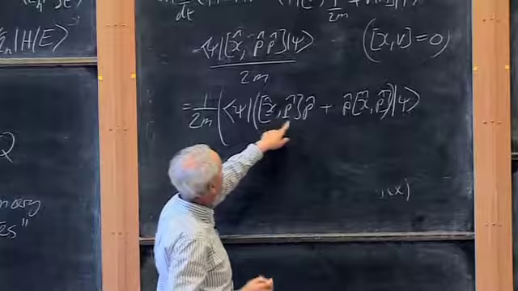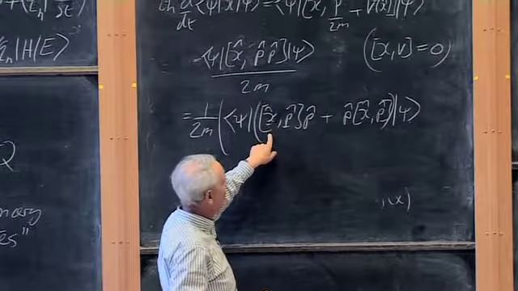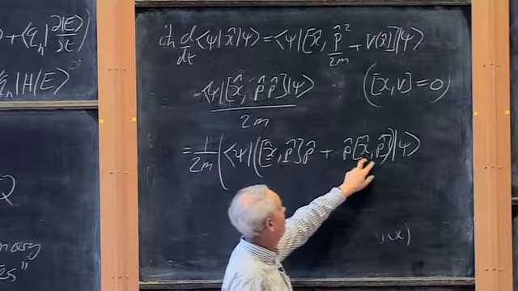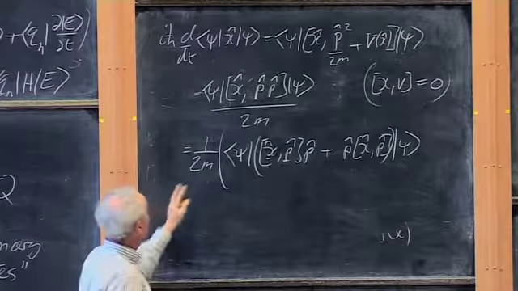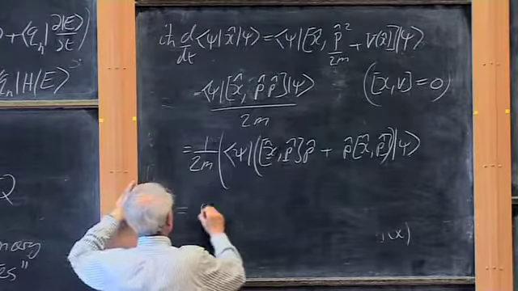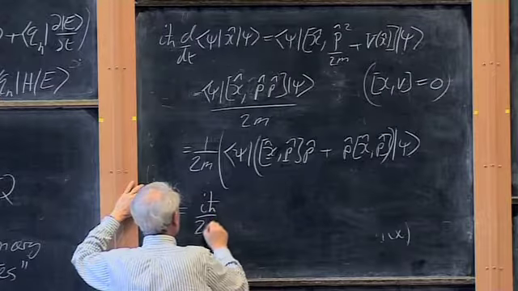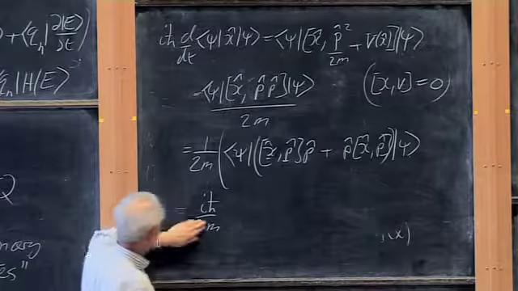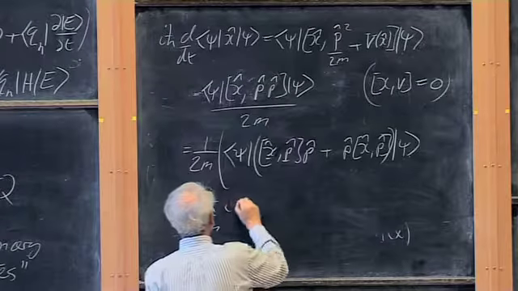But we've discovered that this commutator is iħ, and this is iħ. iħ is just a boring number, so it can come out front. So that becomes iħ over 2m, and then we have p plus p, which is 2p, so I can rub out that 2, times the expectation value of p.